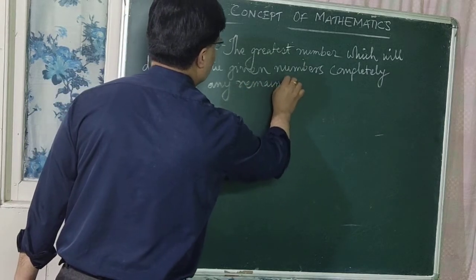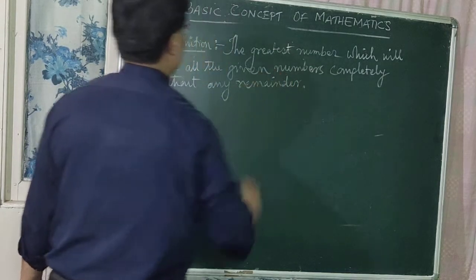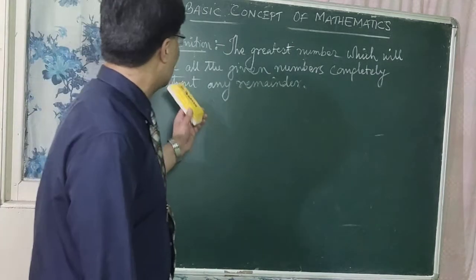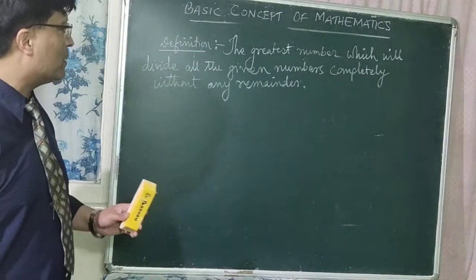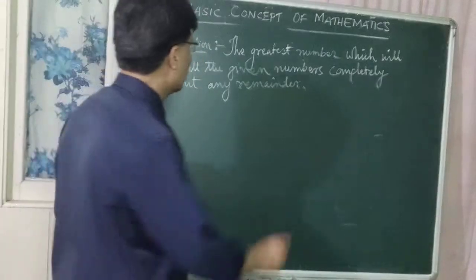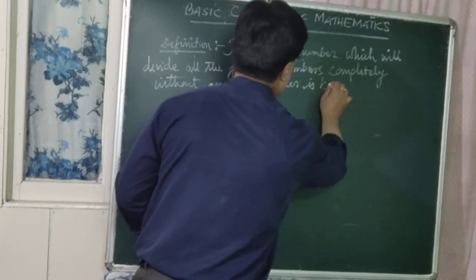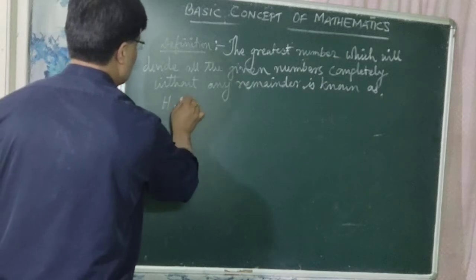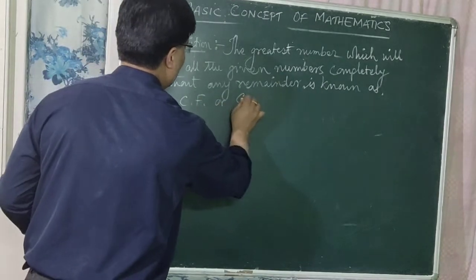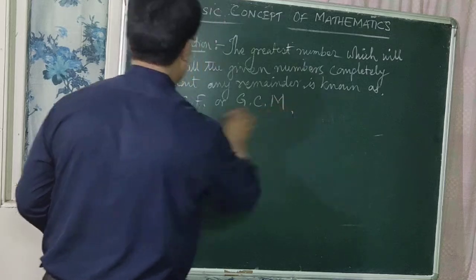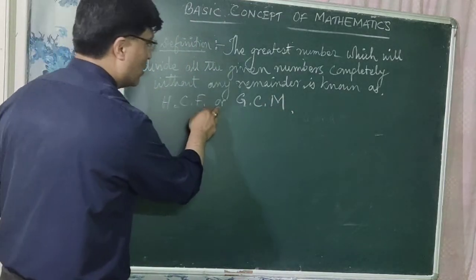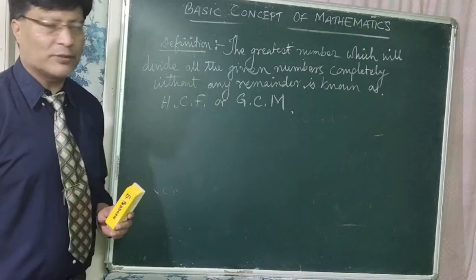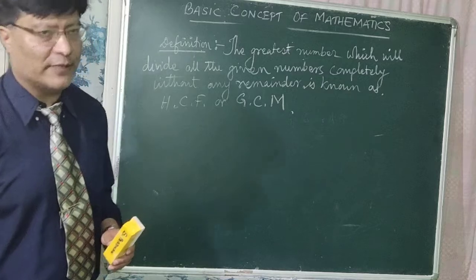That means the remainder will be 0. So the definition of HCF is the greatest number which will divide all the given numbers completely without any remainder is known as HCF or GCM. That is highest common factor or greatest common multiple. So I think you have understood it. So this is the definition of HCF.